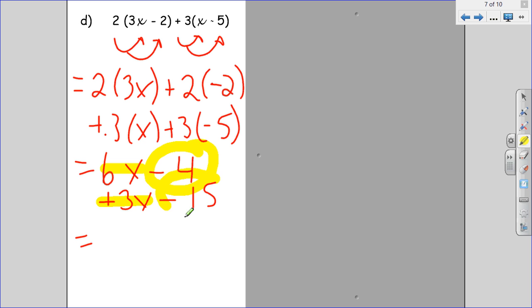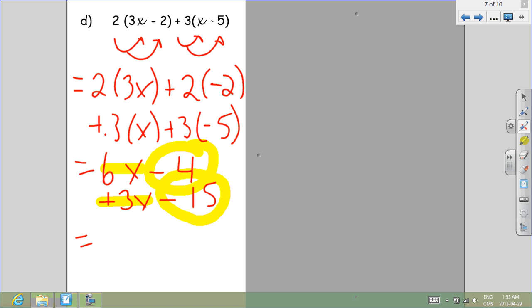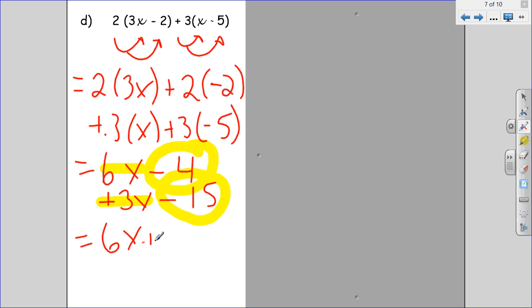And my minus 4 and my minus 15 are the same. So if I do 6x plus 3x, I have to keep the sign that's in front of the term. Minus 4 minus 15. 3 plus 6 is 9x's. And if I take 4 and take 15, I've taken a total of 19.